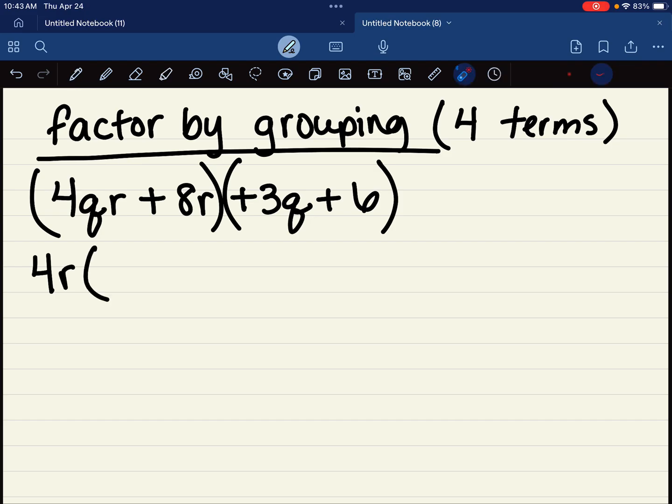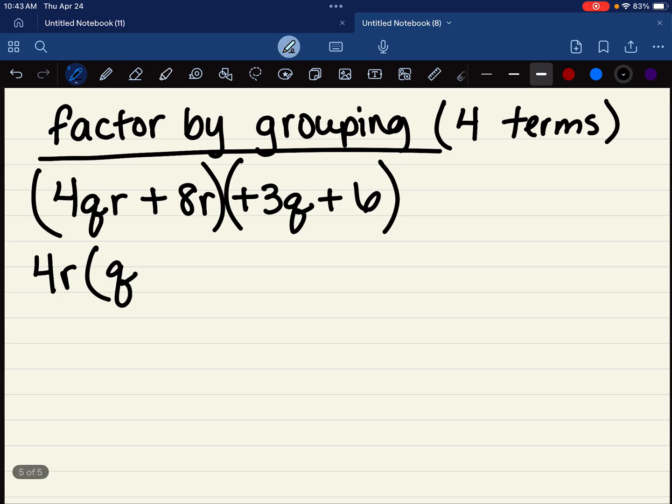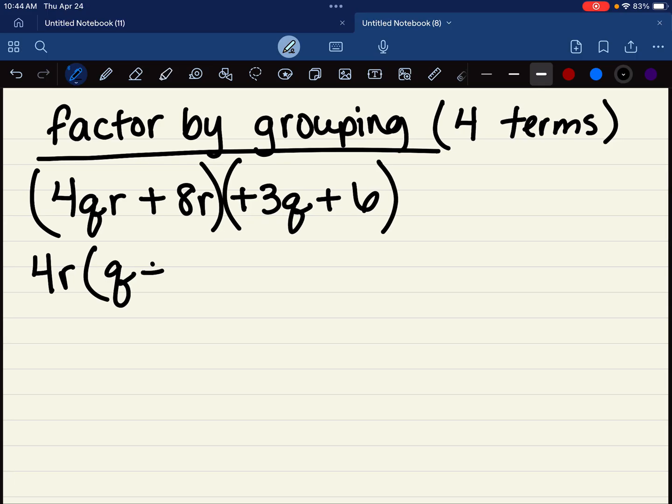So, if I factor 4R from this first term, what am I left with? Listen, what's 4 divided by 4? 1. If I take R away, I'm left with what variable? Q. Now again, most of the time, we don't put the 1. We're just going to put Q. What's 8 divided by 4? 2. So just Q plus 2.